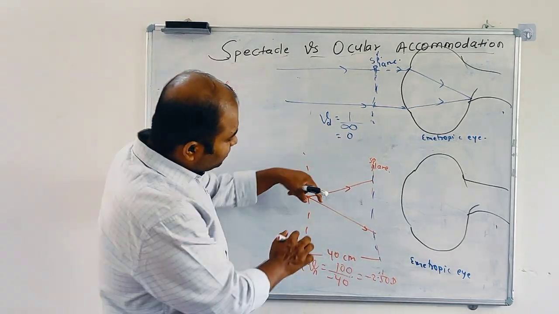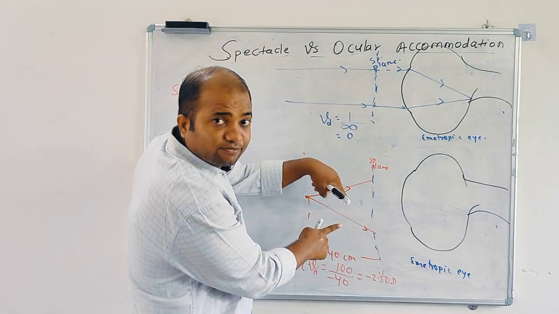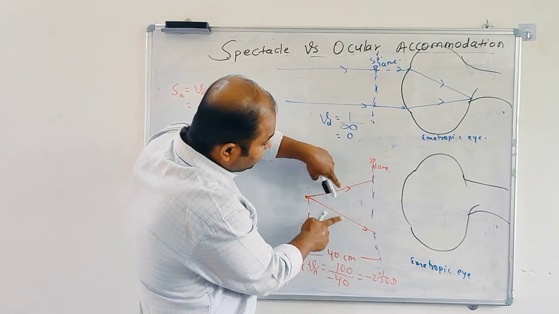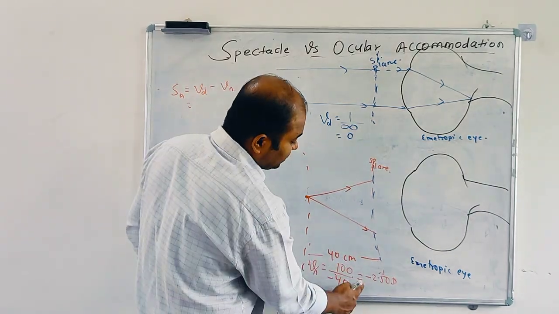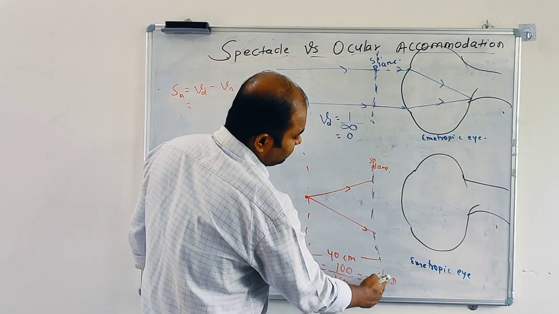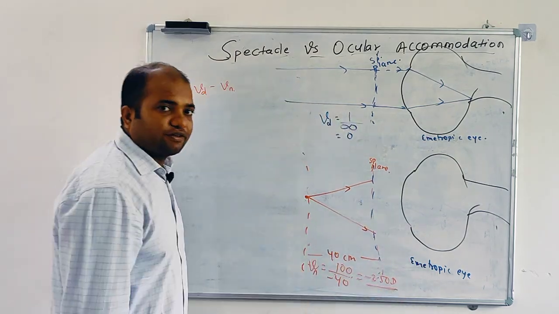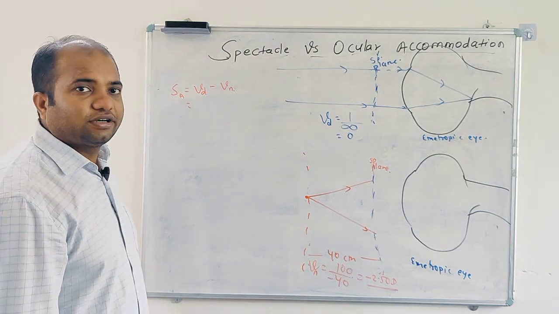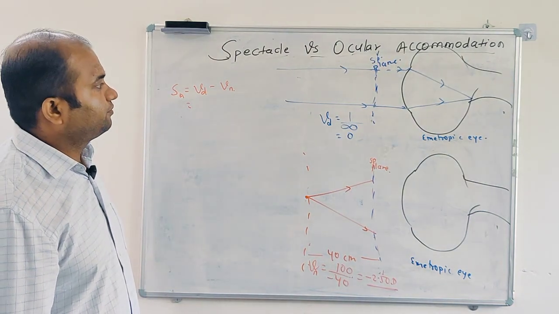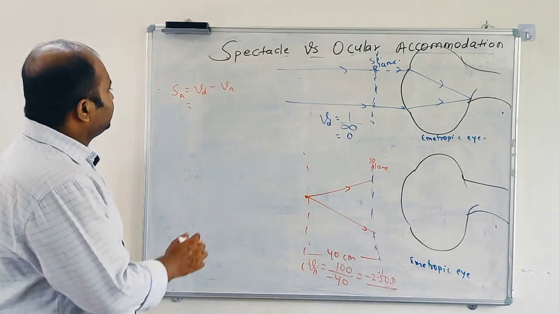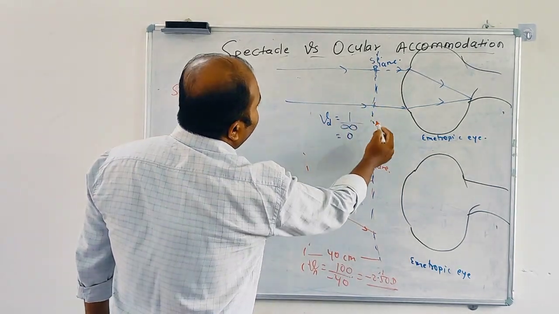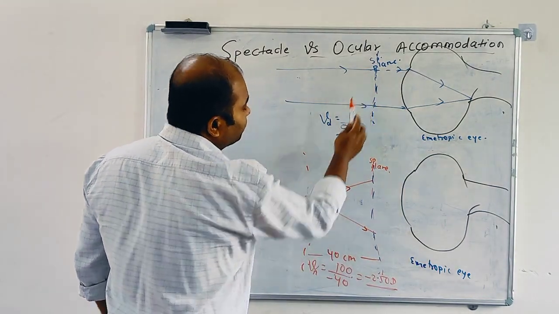So in the diagram also you can see it is negative, divergent light. So that means it is negative up to how much diopter? When the light strikes at this spectacle plane, you have minus 2.5 diopter. Are you getting it? Yes. So VD is 0. Here the vergence is 0 when the eyes see distance.